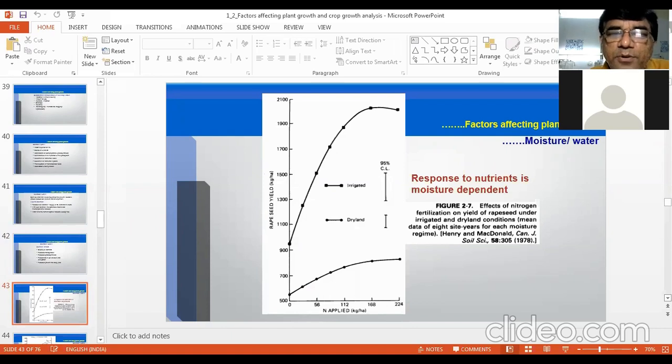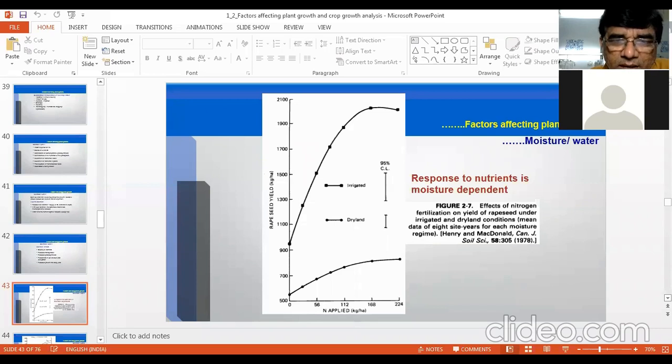So there is a very good interaction between moisture or water availability and your crop response with respect to yield or growth. In this picture, on the x-axis, you can see nitrogen applied at 56, 112, 168, 224 kg per hectare. On the y-axis, you have rapeseed yield. The yield, maybe you can consider it with respect to growth also, growth and yield.